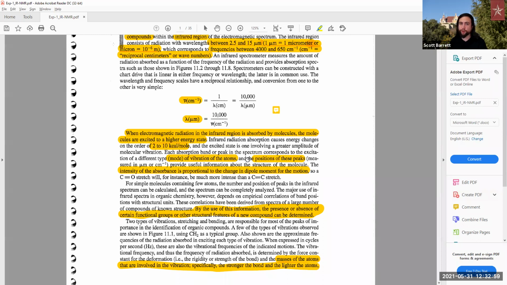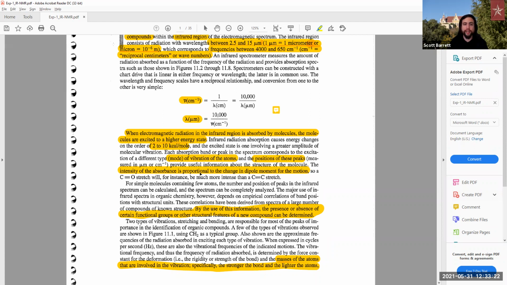When I was referring to the specific wave number, that will tell us the position of the peak. The mode will vary between stretching, bending, vibrating, etc. We'll go forward to note exactly where each of these occur, depending on the specific functional group that we may be looking at for the day.